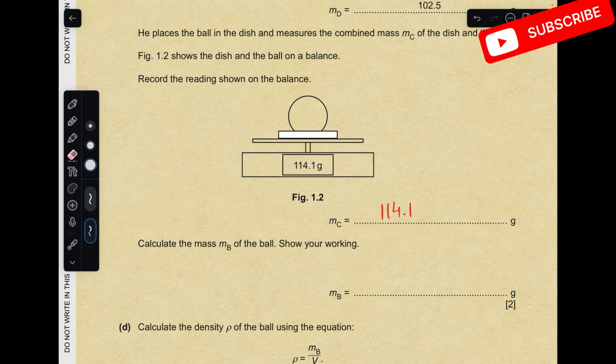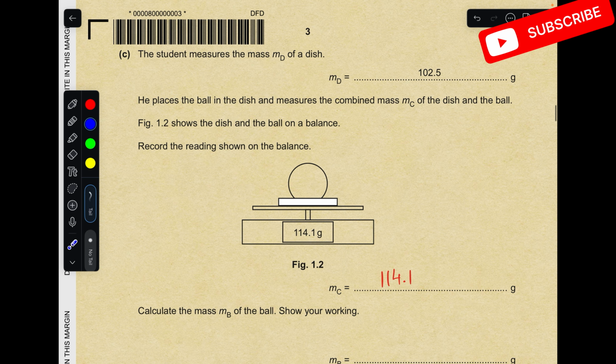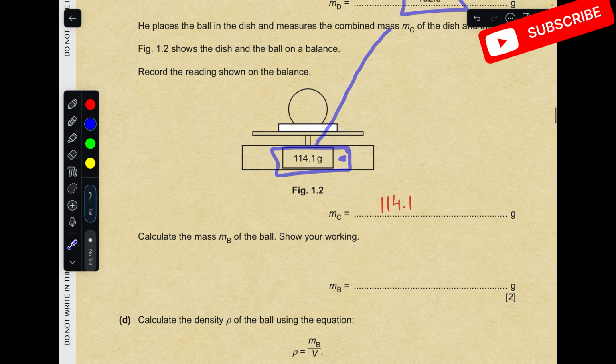Calculate the mB of the ball shown. Show your working. So what they are telling you, this is the mass of the dish, and this is the mass of the dish and the ball. If you subtract both of them, you will get the mass of the ball.